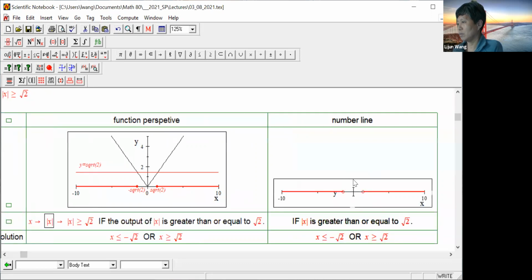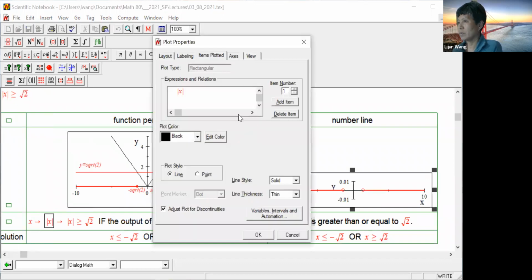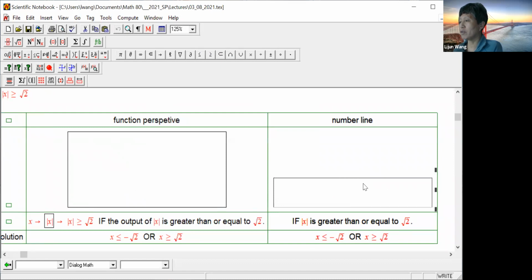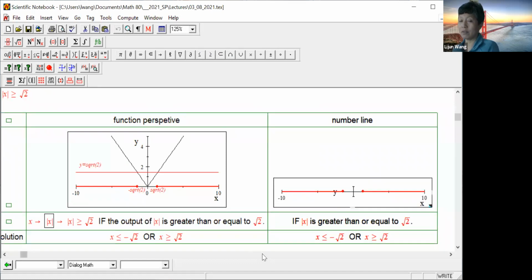Whichever seems simpler or easier for you, I do encourage you to try to understand that both approaches work.